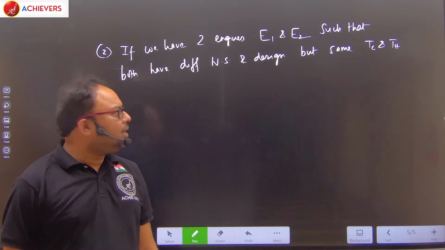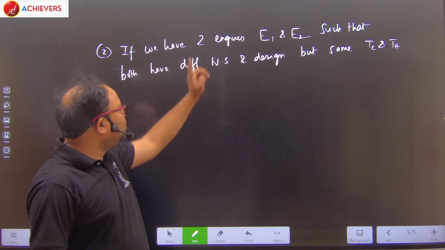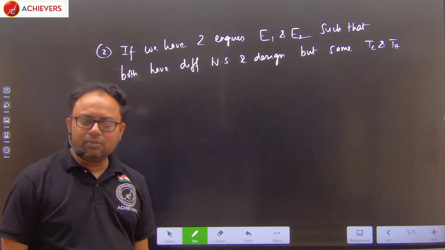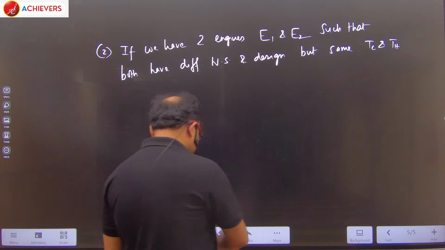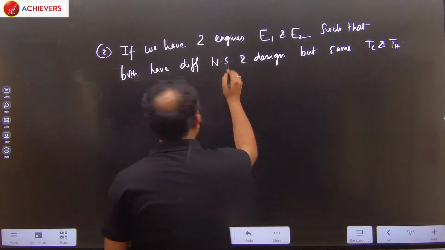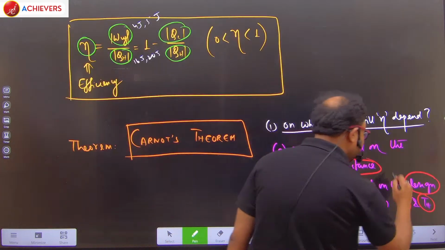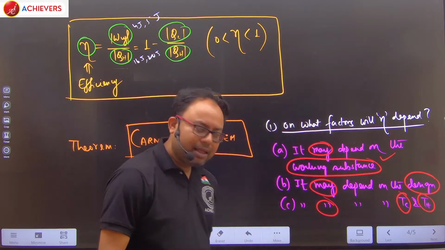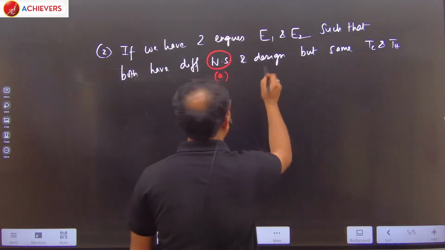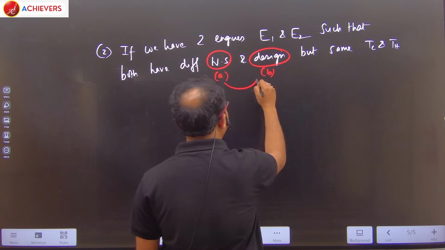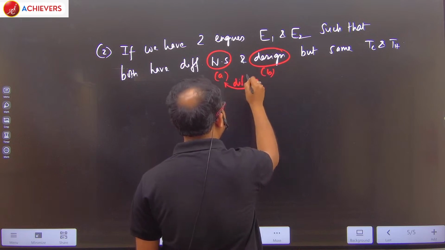So we have considered two engines. One is E1 and another is E2, where working substance, that means parameter A, and design, that is parameter B, these two are different.